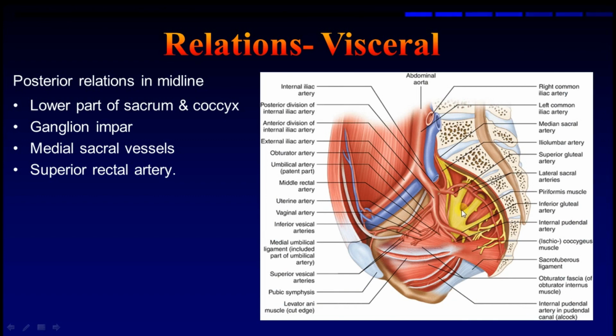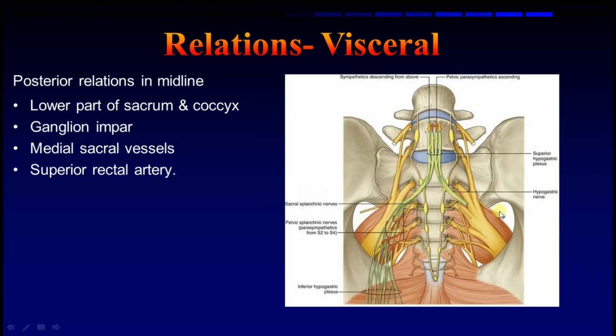Laterally, you see the origin of piriformis, coccygeus muscle and levator ani, and then you come across the sympathetic chain, which we have already seen here. On either side you have the sympathetic chain, pelvic splanchnic nerves, and then the pelvic spinal nerves.